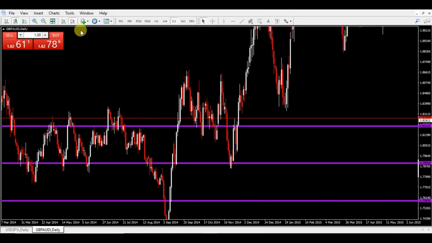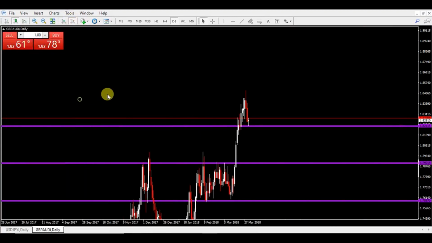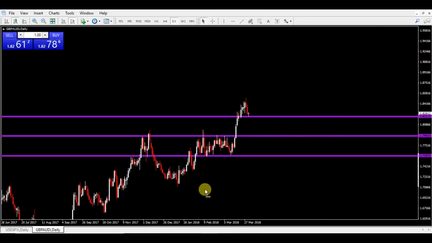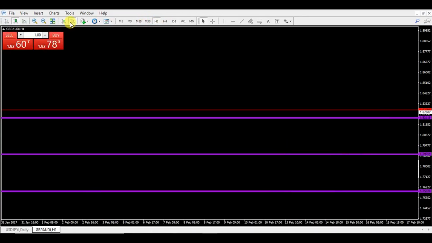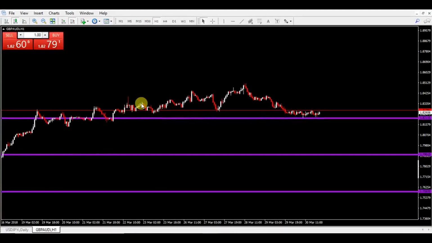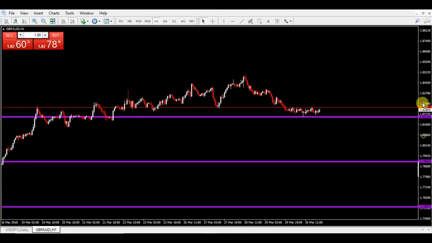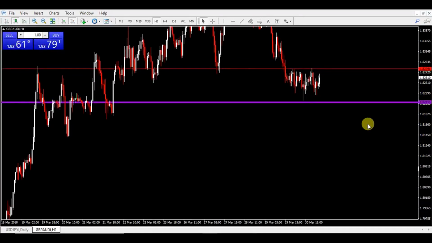So we find our strong support resistance areas, as you can see, on the higher time frames, daily and weekly. Then of course you would come down to lower time frames, like the 1 hour, to find your entries and reason for entry, depending on what the market does at these areas.